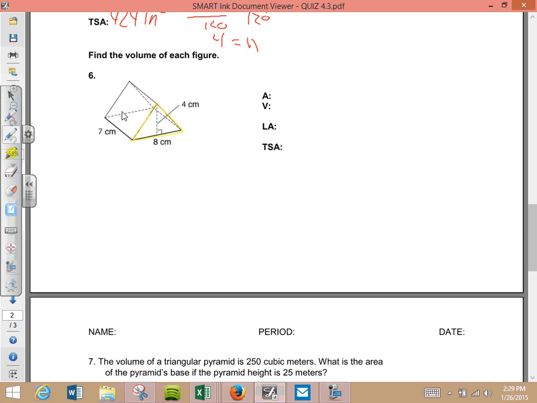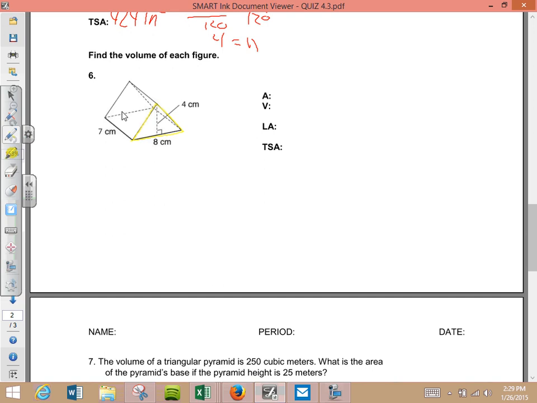These prisms, what are they named after? They're named after the base. What is this called? It's a triangular prism.